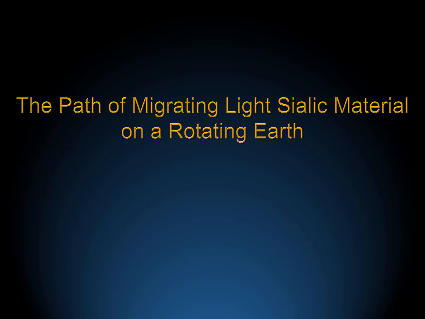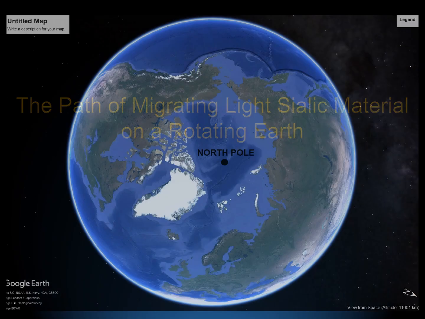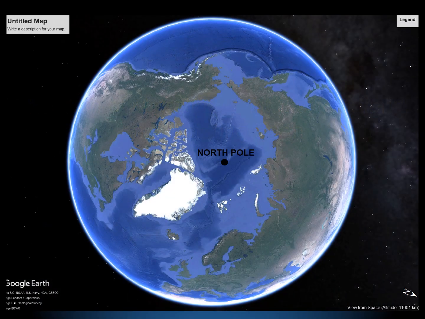The path of migrating light sialic material on a rotating Earth. The North Pole. Rotation of the Earth from the perspective of the North Pole, and the likely path of emerging sialic material.